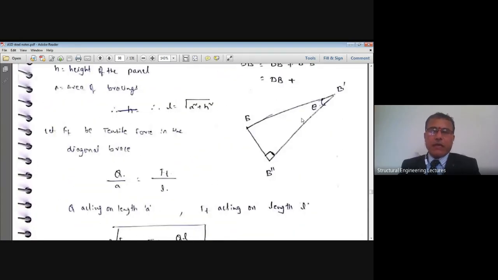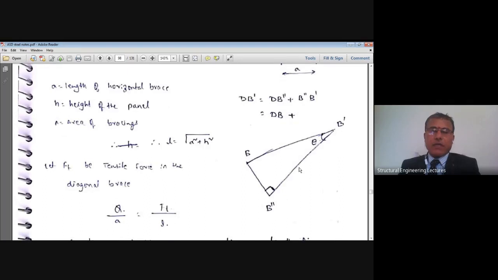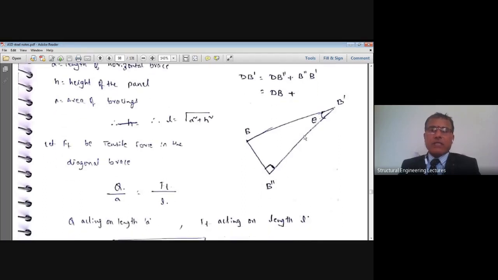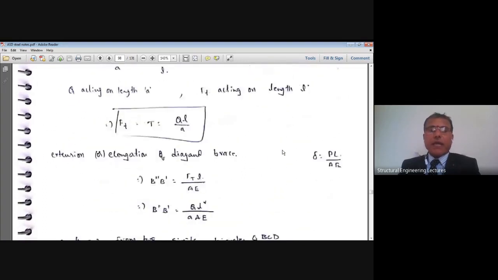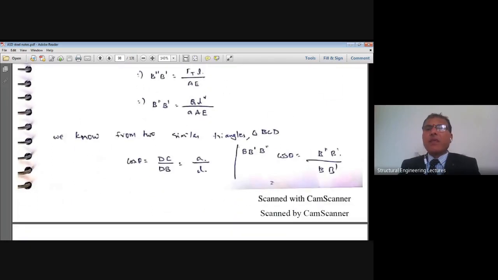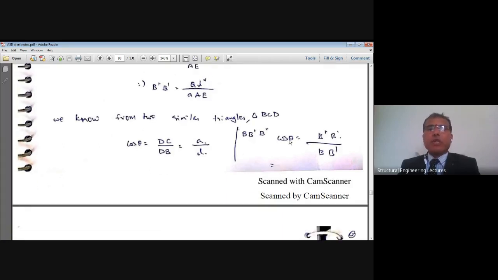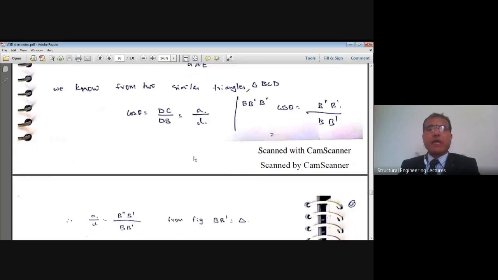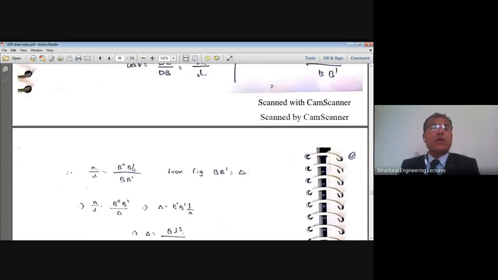From this triangle, cos theta is also B prime B double prime divided by BB prime. But both are cos theta. Therefore, equating one with the other, I get a by L is equal to B prime B double prime divided by BB prime.